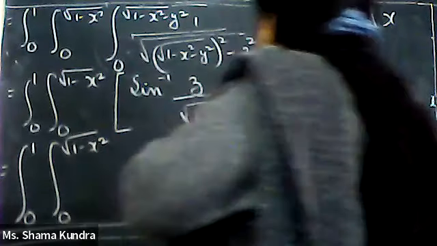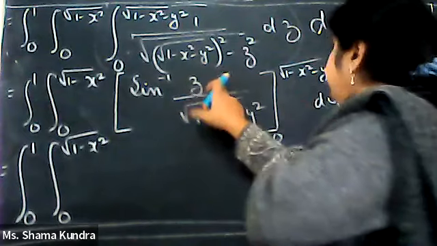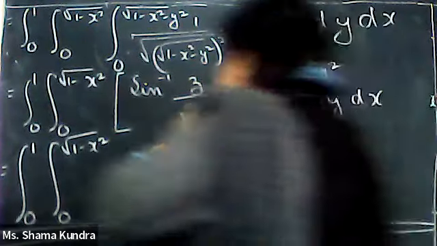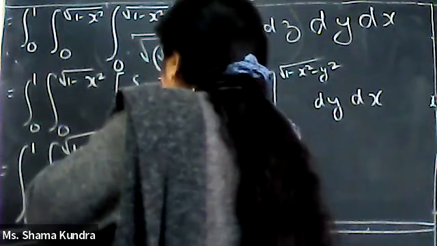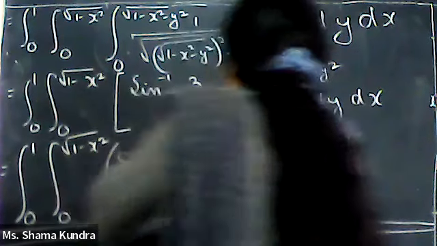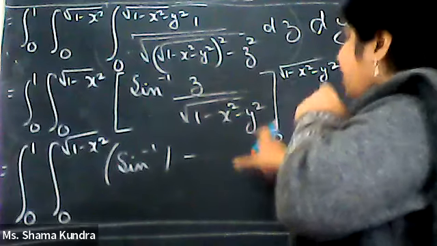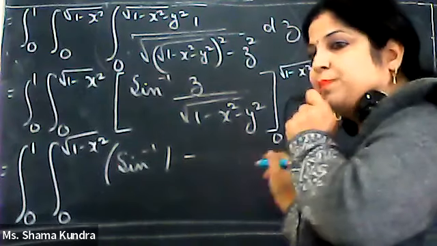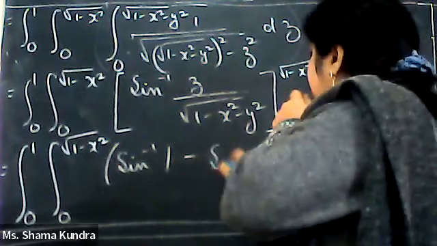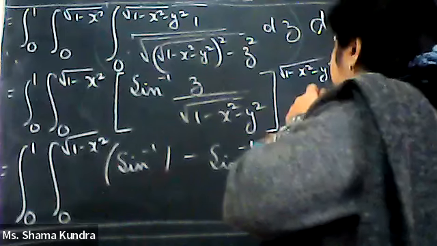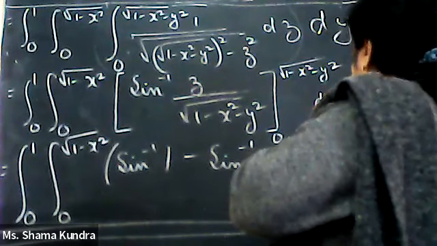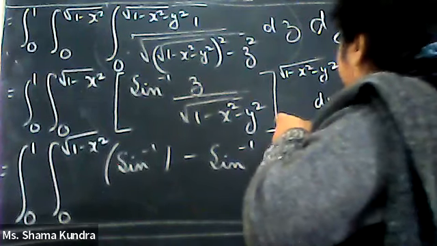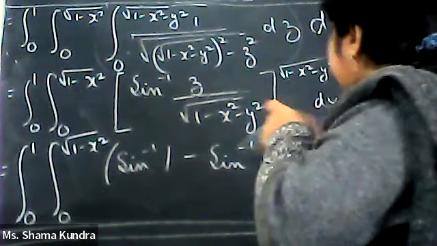Sine inverse, when you put the upper limit over here, both will become the same, so it cancels out, and you are left only with sine inverse 1 minus the lower limit. And when you put 0 instead, 0 of something is 0, you will get sine inverse 0, dy dx. Now simplify these limits.